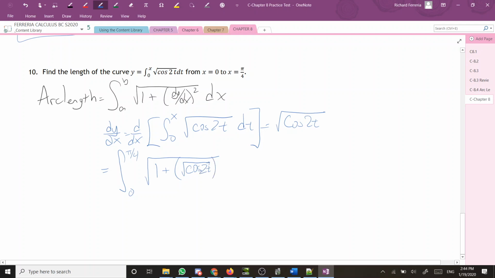Considering that we have a calculator at our disposal, I won't simplify the derivative too much. Really not at all. I also made a mistake. These should be x's. Two x, then dx. Okay, and let's just chuck that into our calculator.